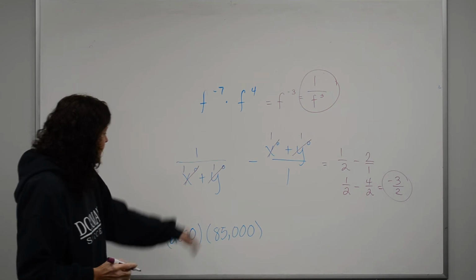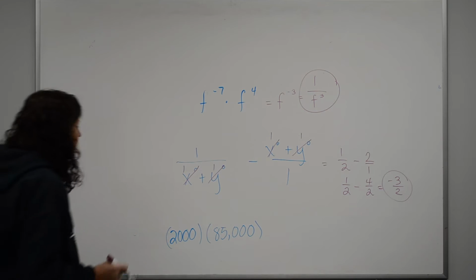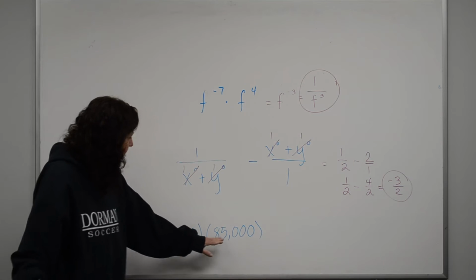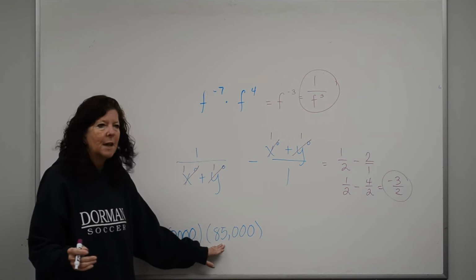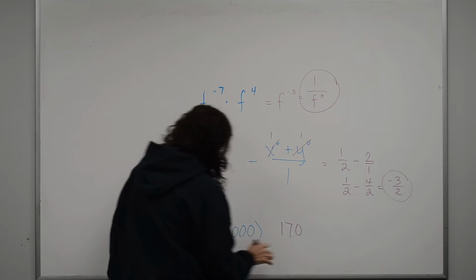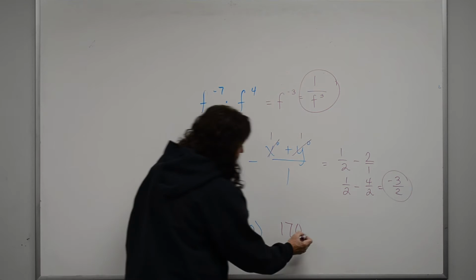Okay? This one down here, shortcut if you didn't want to pick up your calculator. Hopefully you know and remember this. Okay, if I look at everything besides zeros, I have 2 times 85, which is 170. And then I annex my zeros. So I have 3 zeros there and 3 zeros there.